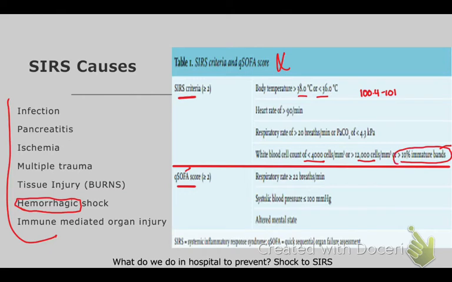Your bands, your baby bands. So if you've used up all your neutrophils, which are your fighting cells, then you're going to see some bands, and sometimes they call it a shift to the left, because if your bands are greater than 10%, then you've got a pretty widespread infection going on, because you're using those baby neutrophils. So remember that.